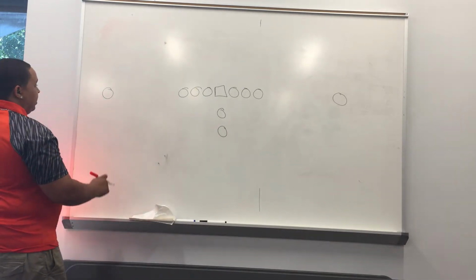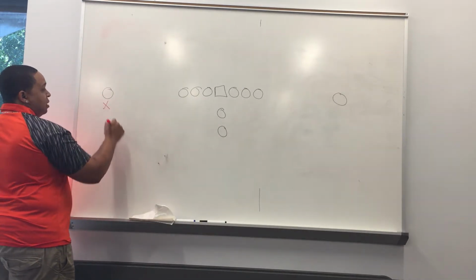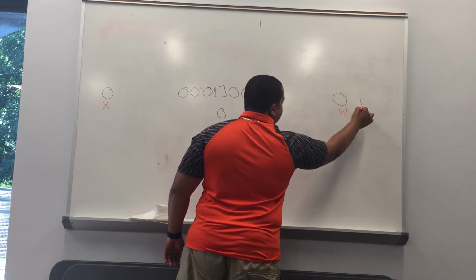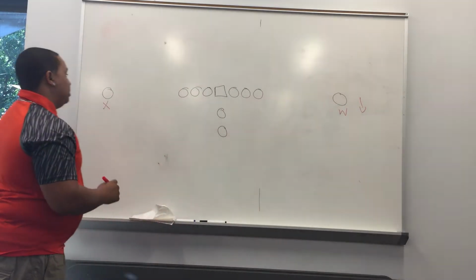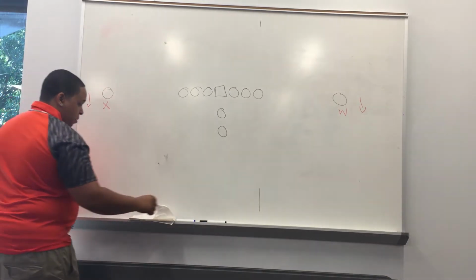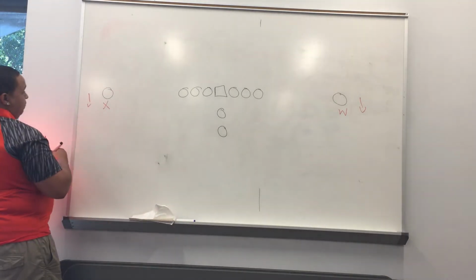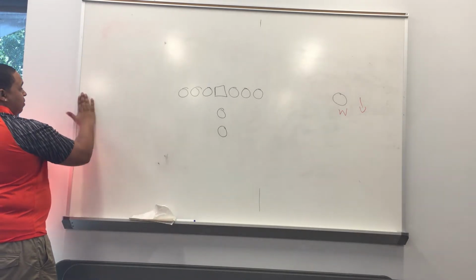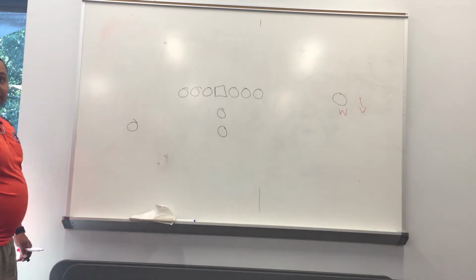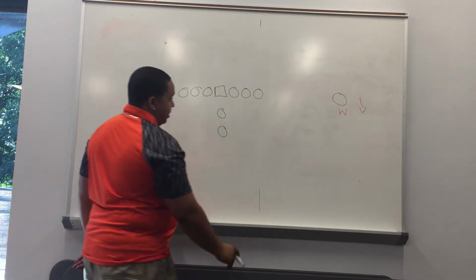It doesn't hurt anything. The X and the W, you are off the line of scrimmage. Now, when I say off, that doesn't mean that you have to line up way back here. That does not mean that.